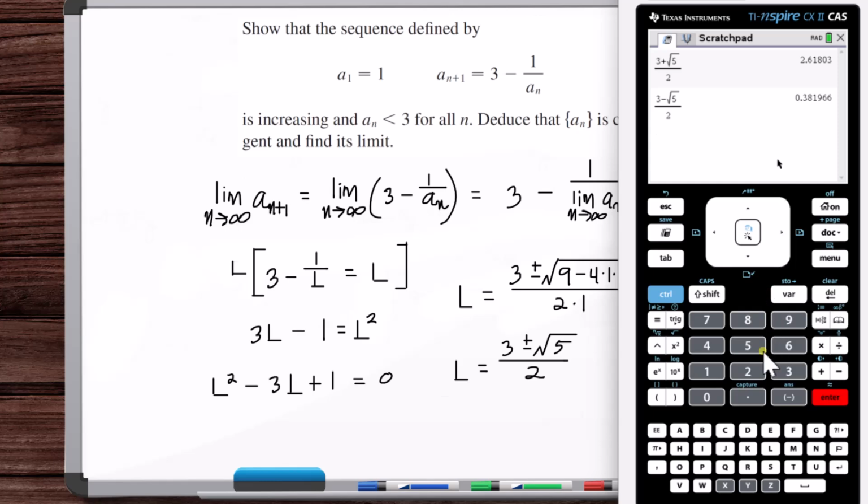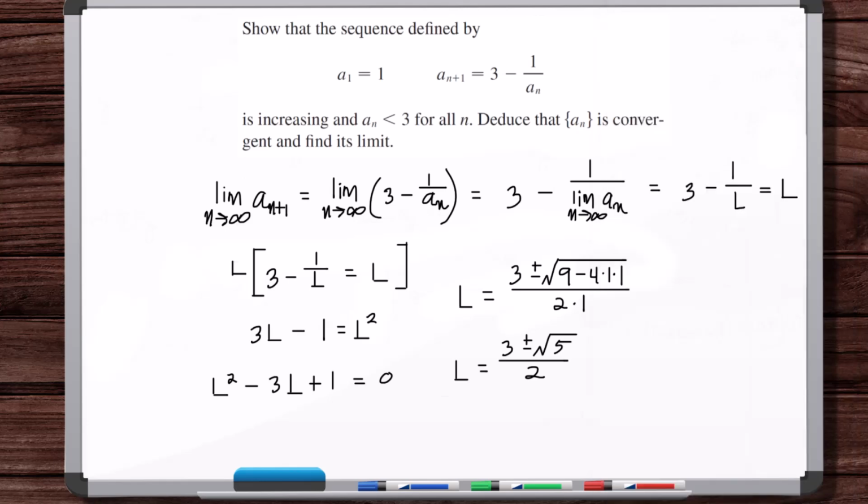It's not 2 2/3, but this is the limit, and this is what it's bounded above by. Remember, with a limit, the function never gets to the value of the limit. That's what it's approaching. So this is the limit, and this is what the sequence is bounded above by. So the limit is 3 plus root 5 divided by 2.